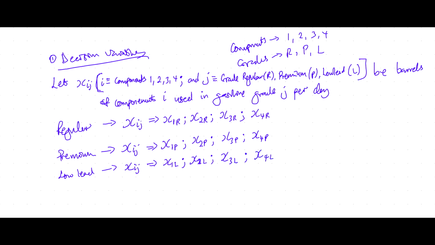So you can see we have 4 decision variables for each grade, and therefore 12 total decision variables. Now we look at the second one, which is the objective function.